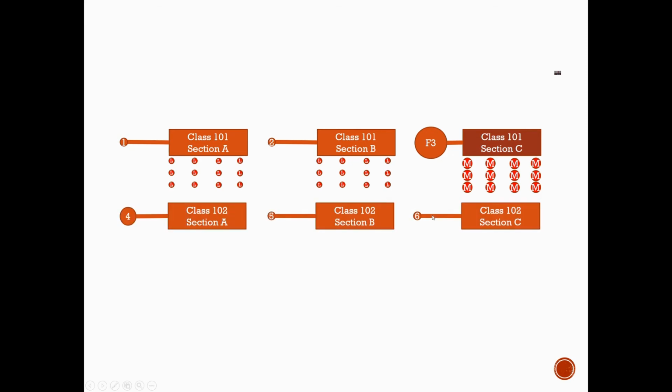Let's see what happens when we go to the next class, 102. Note that faculty member 4 is a moderate circle, so she's moderately good at instructing writing. And faculty members 5 and 6 are small circles. Can you guess what's going to happen when students float down? Let's see.